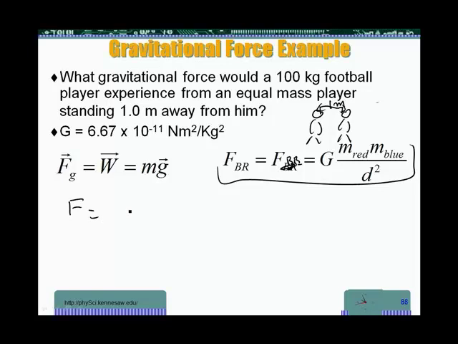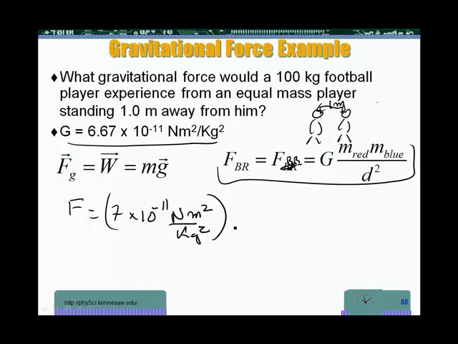So let's use the formula. It's G, which is given to us here, 6.67 times 10 to the minus 11. I'm going to do an approximate calculation here, just to give us a bulk figure. I'm going to approximate that to 7 times 10 to the minus 11 newton meter squared per kilogram squared. Or what the heck, let me calculate it precisely.